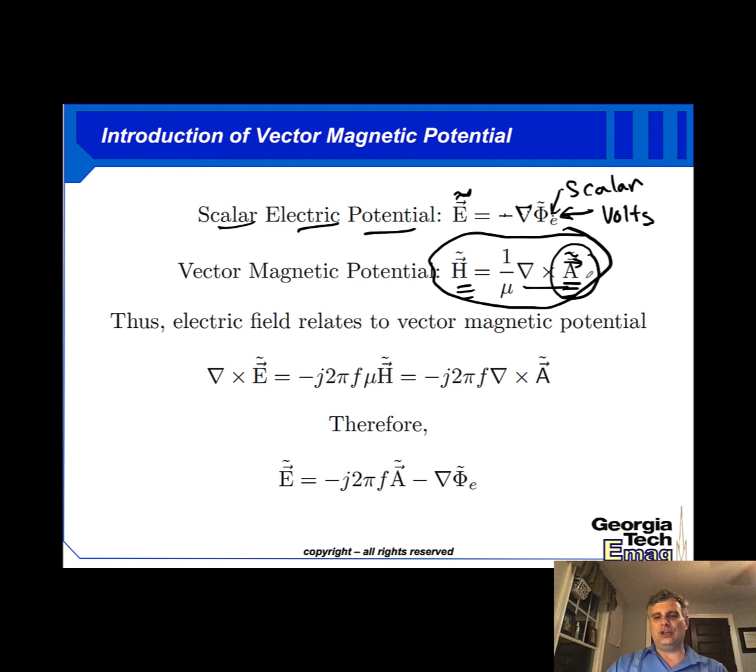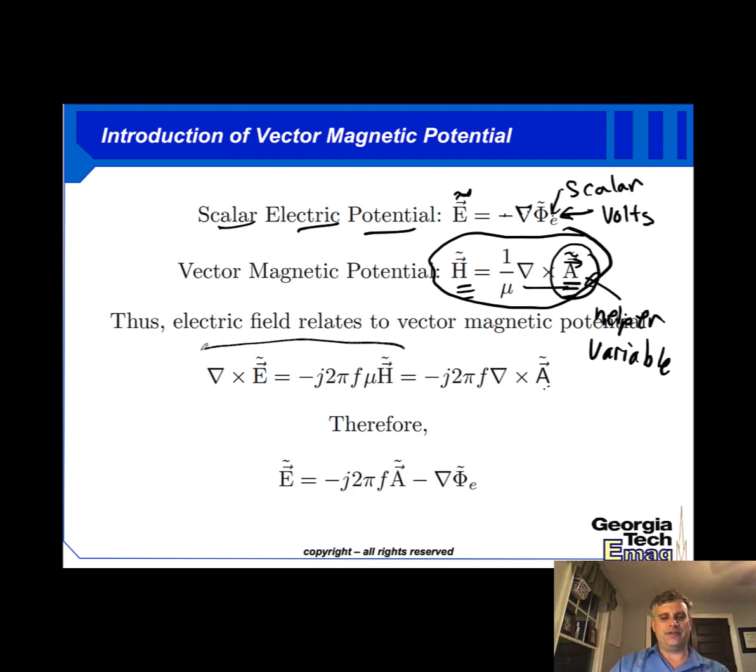And it turns out that using this helper variable, because that's all this really is, a helper variable, you can solve the radiation problem in a much simpler form. In fact, what we'll find is that if you use A, you get something that looks almost like the scalar wave equation or the Helmholtz wave equation in terms of A instead of terms of E and H, which is impossible. So let's start with this first Maxwell's equation and apply these definitions that we learned.